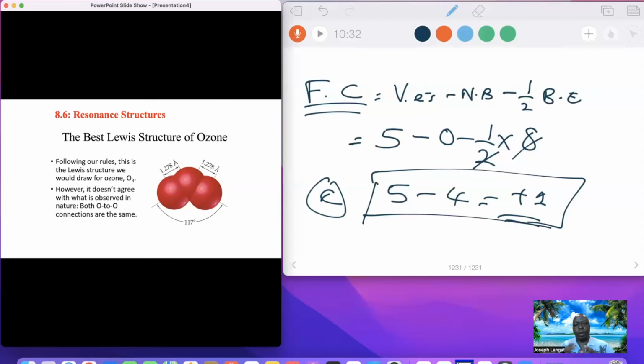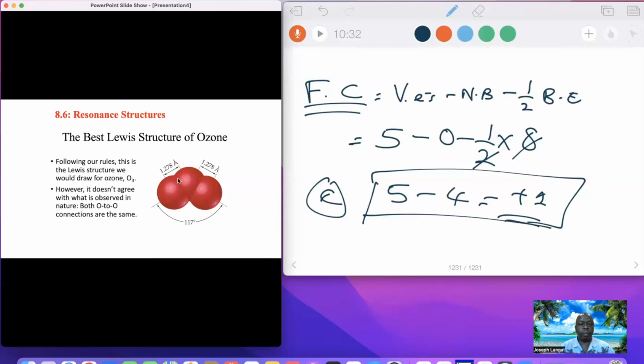If you have more than one possible structure with the octet rule fulfilled, those structures we call resonance structures, and that is what we are going to look at in 8.6. Remember, formal charge is used to determine which Lewis structure is acceptable among 2 or 3 possible structures of the same molecule.